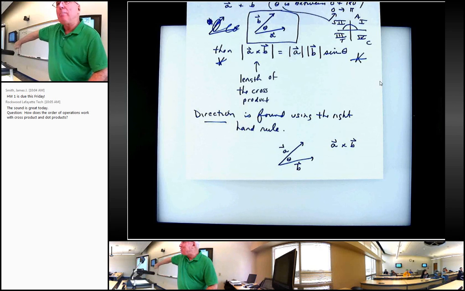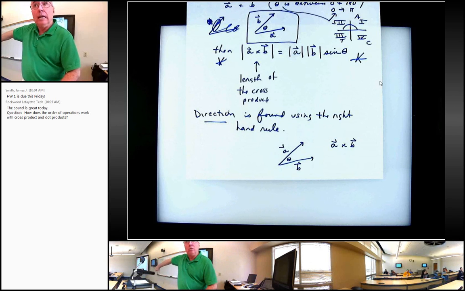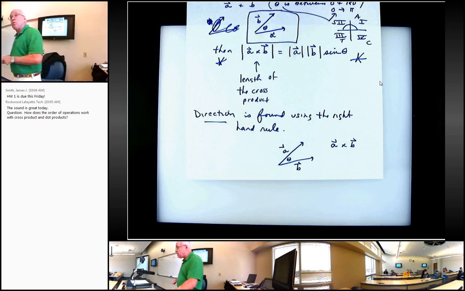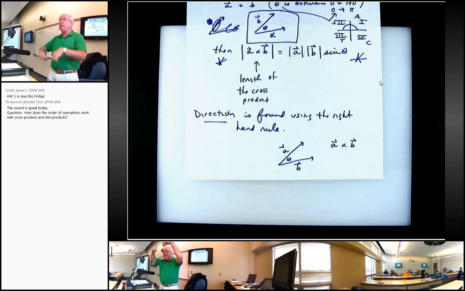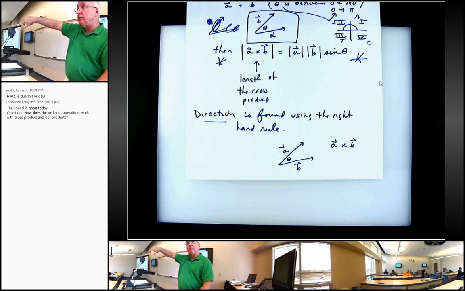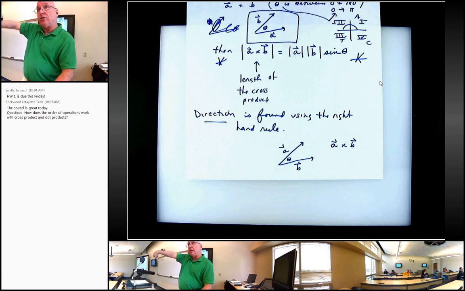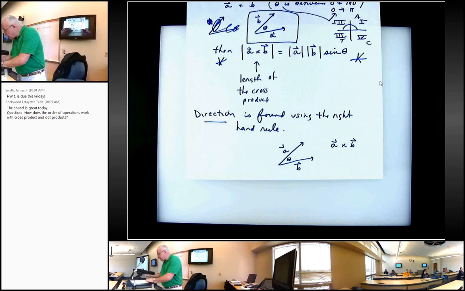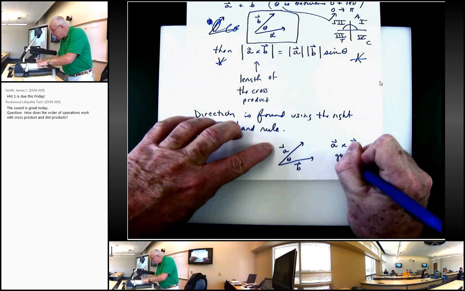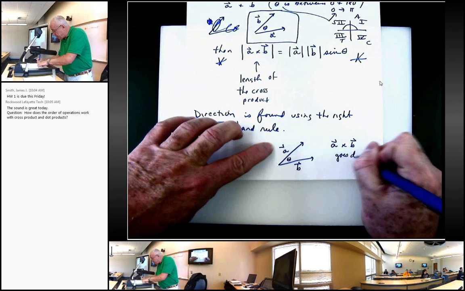And so my thumb then is going down. And so my direction of the cross product is down into the paper. We start with whatever the first vector is, do the angle to the second vector, and follow our thumb. So sometimes we have to be going like this. So A cross B here goes down into the paper.